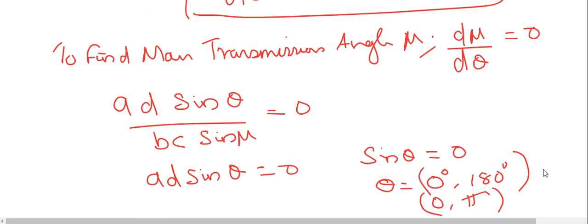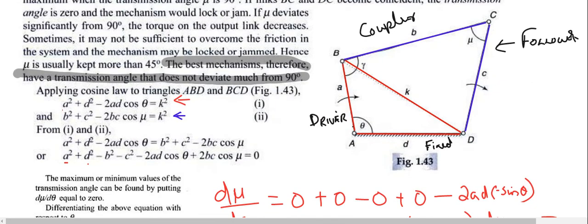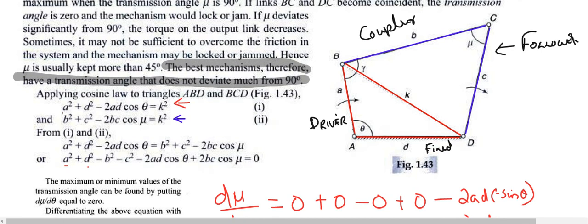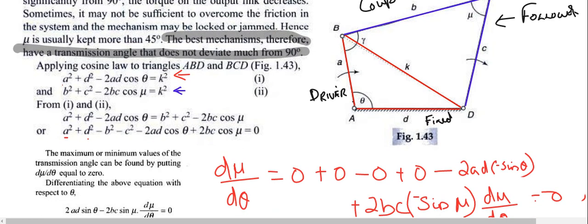So theta can go up to 180. Theta is the angle that the driver link makes with the coupler. So when this is 180, it's the maximum it can go. But as I have told you earlier, the best machines are those where mu will be almost equal to 90.